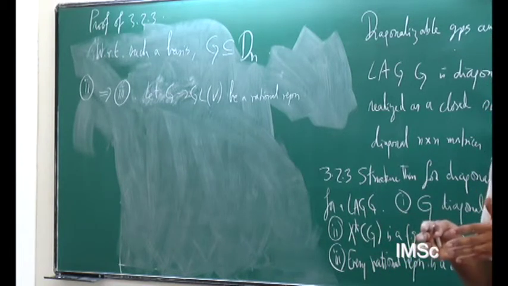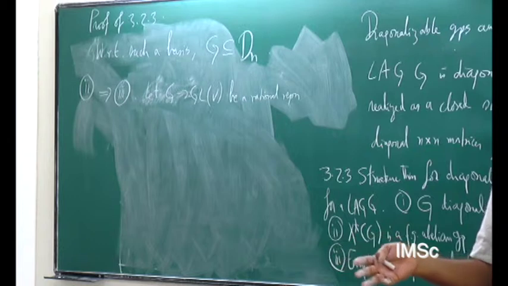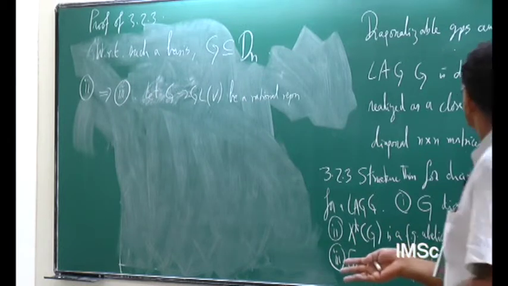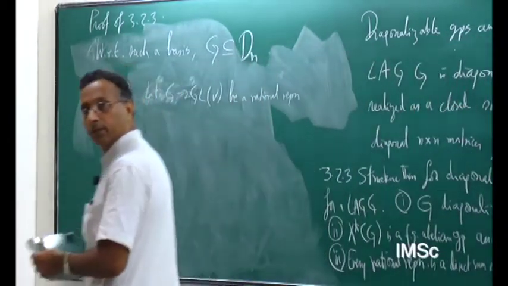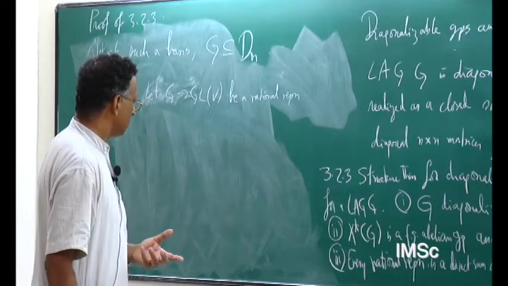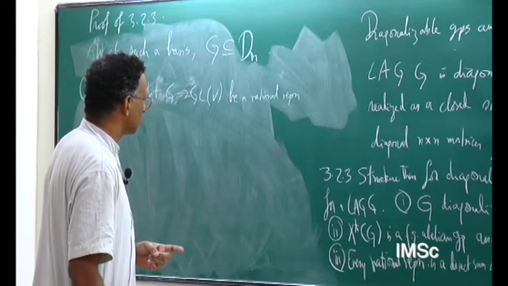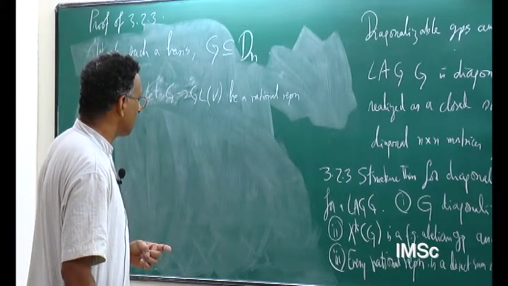Here again, instead of just one linear transformation, you have a whole bunch of commuting linear transformations.